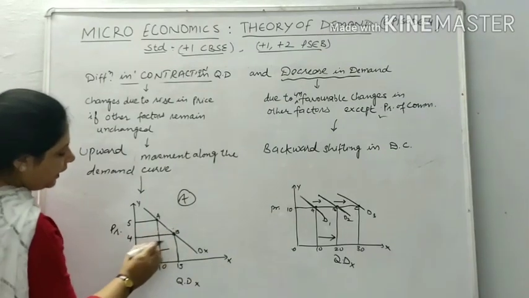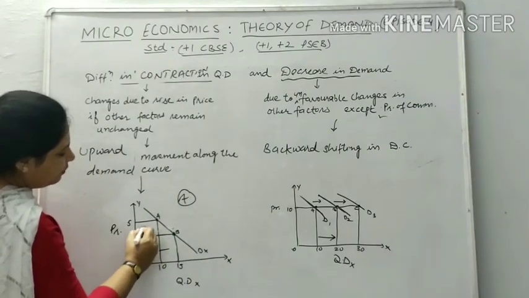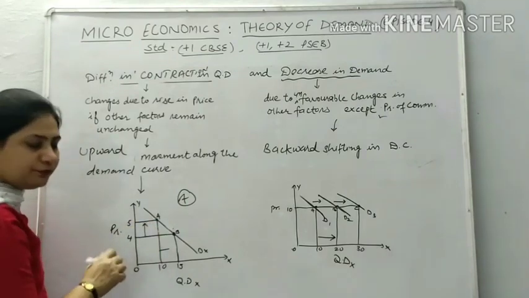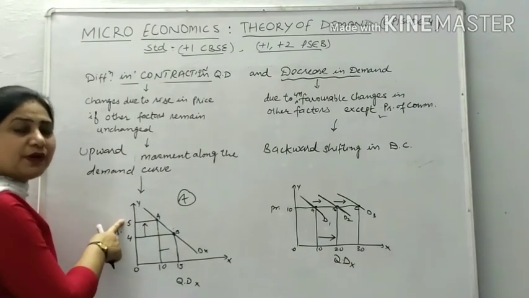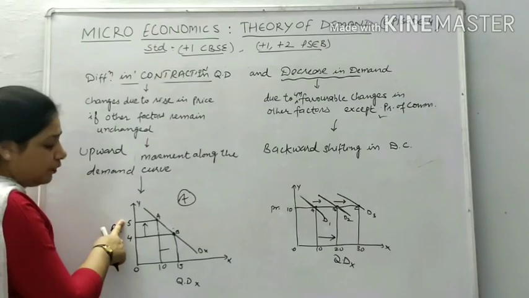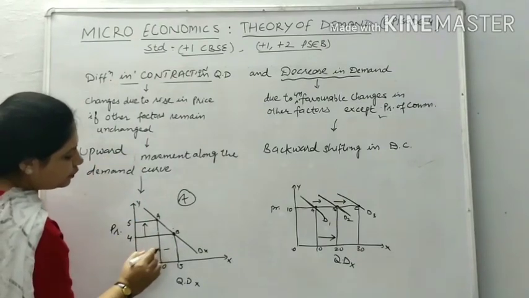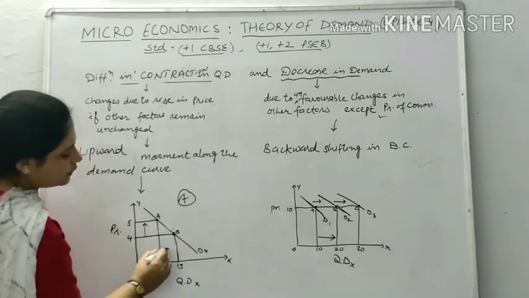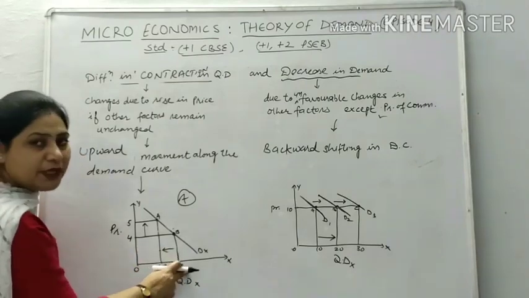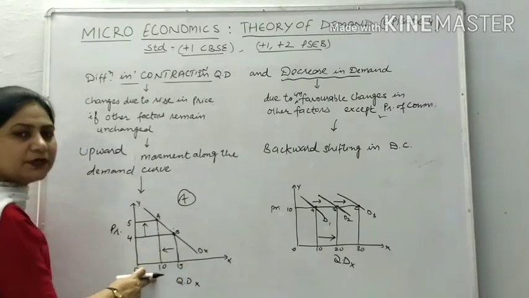Now when the price goes up from 4 rupees to 5 rupees per piece, at the increased price the consumer tends to decrease his quantity demanded from 15 units to 10 units.